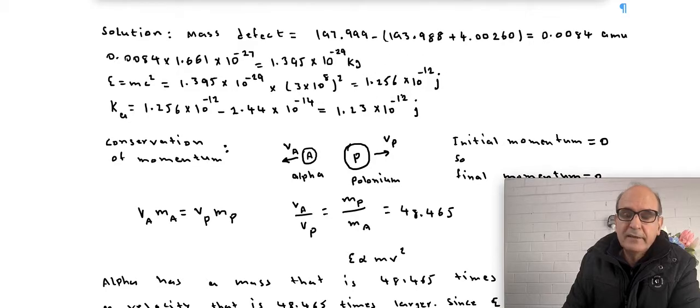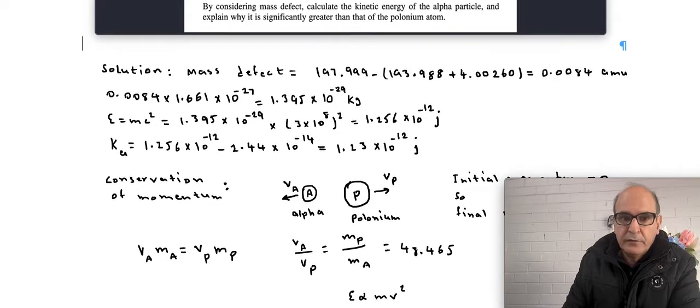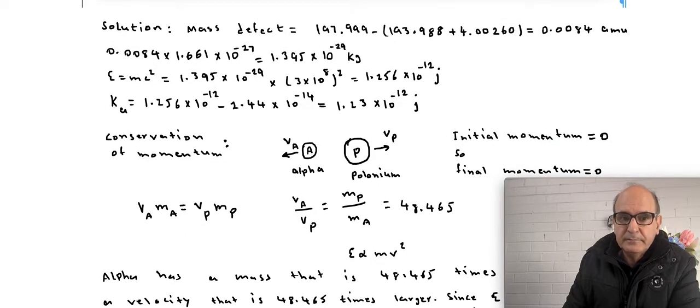Now, where does that energy go? It appears in the form of the kinetic energy of the two particles, polonium and alpha. The kinetic energy of polonium has been given to us, and that's part of the total.